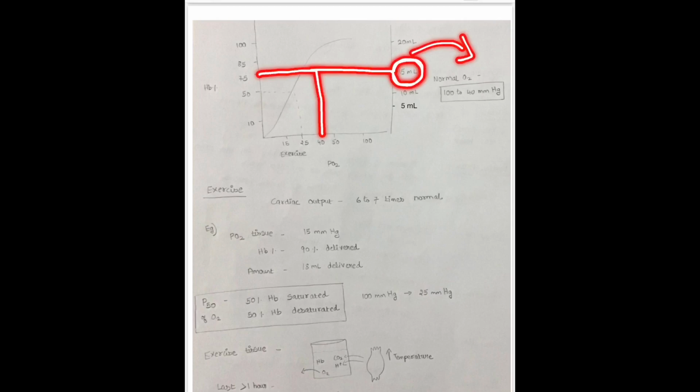So you can say 15% of blood is delivered to the tissues. So when you decrease the partial pressure of oxygen to 25, the hemoglobin saturation is 50% and the amount of oxygen content in the blood is 10 ml.